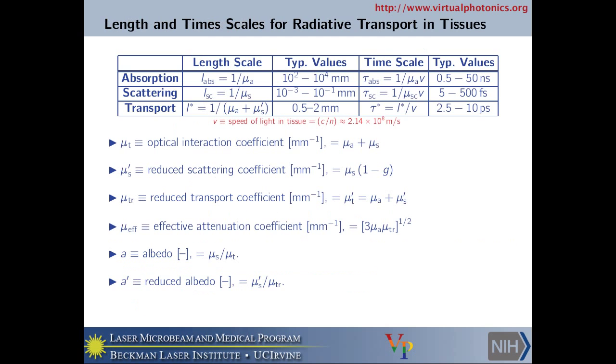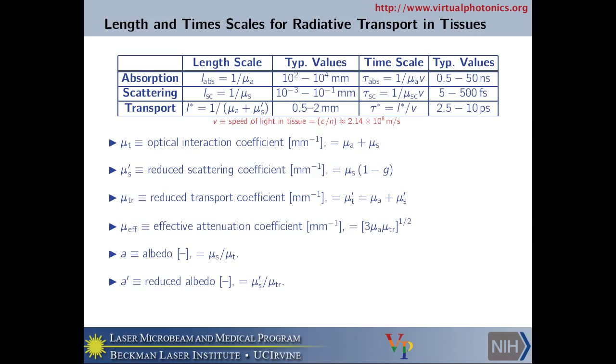And then finally, to kind of put things together, I said that the combination of the optical properties and the transport of light gives rise to important spatial and temporal scales, which will be very important when we talk about spatial frequency domain imaging and temporal frequency domain imaging, which are characteristic length scales for absorption and scattering, which are linked to the reciprocal of the absorption and scattering coefficient and the reduced attenuation coefficient.